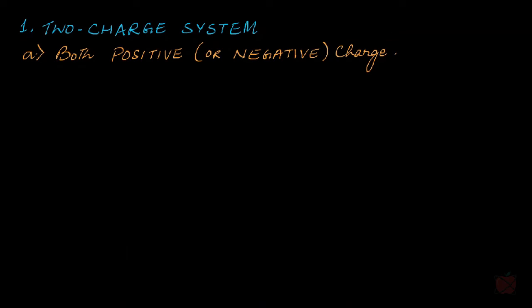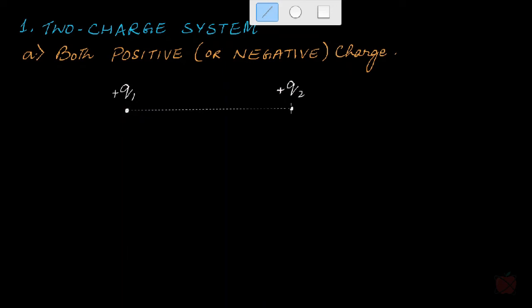Let's say I have a charge out here, this charge Q1, both positive, and another charge here, Q2. Got it? And what is the distance between them? Let me just draw a line to show that they are at some distance from one another.